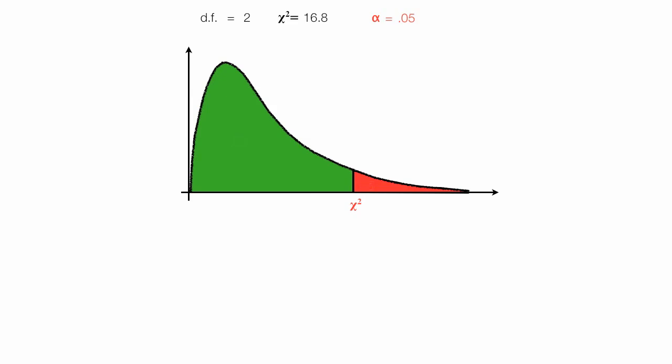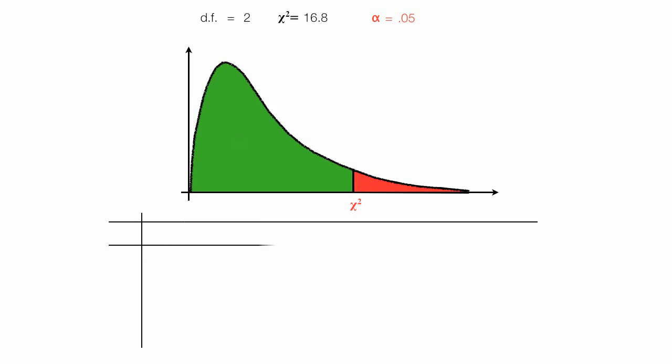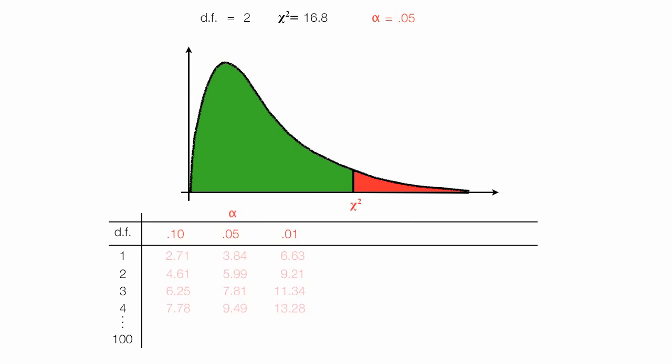Now there's this table in the back of all stats books, and it looks something like this. Degrees of freedom are on the far left-hand side of that column. And across the top, you're going to have alpha values. And you'll have 0.10, 0.05, and that's what we're using, by the way, and then 0.01, maybe a lot more.